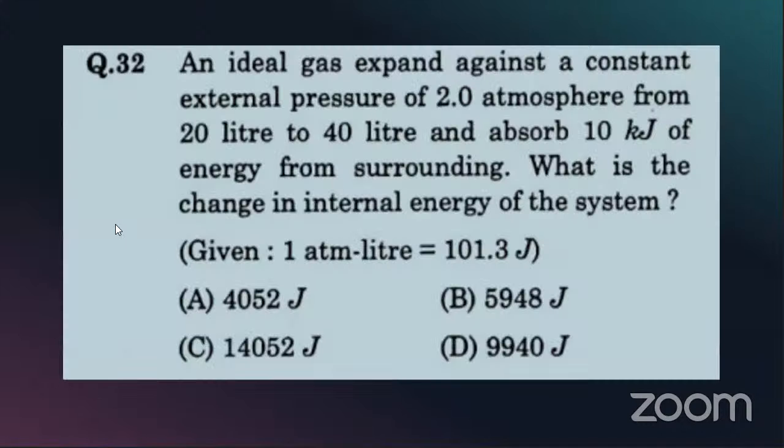Okay. An ideal gas expands against a constant external pressure of 2 atmosphere from 20 liters to 40 liters and absorbs 10 kilojoules of energy from the surrounding. What is the change in internal energy of the system?